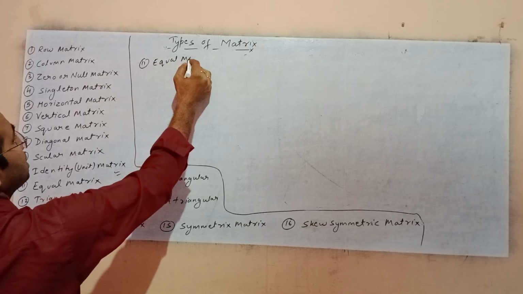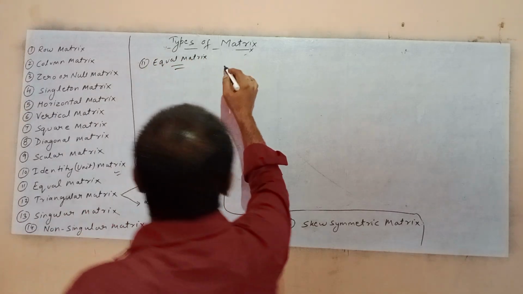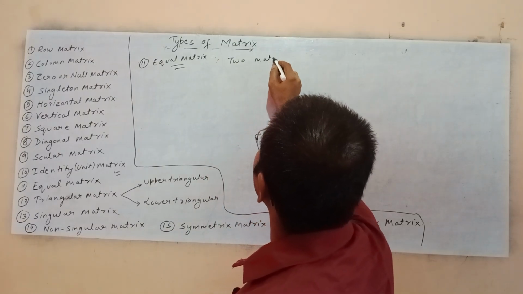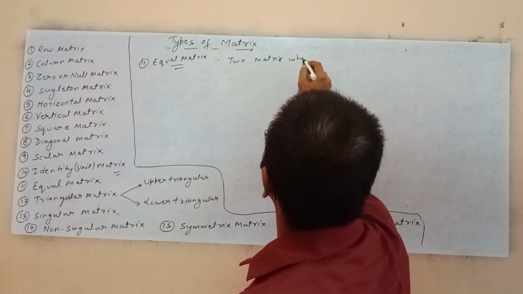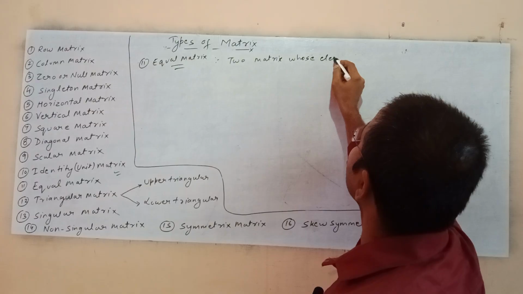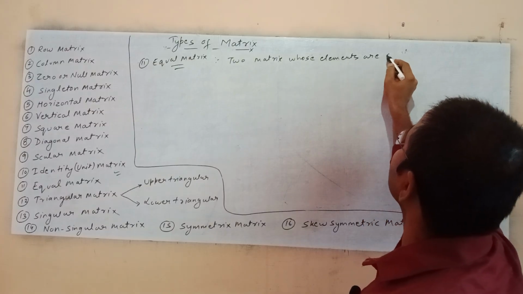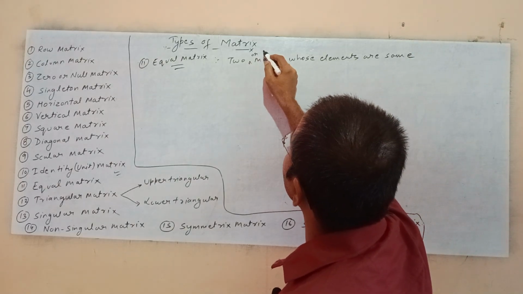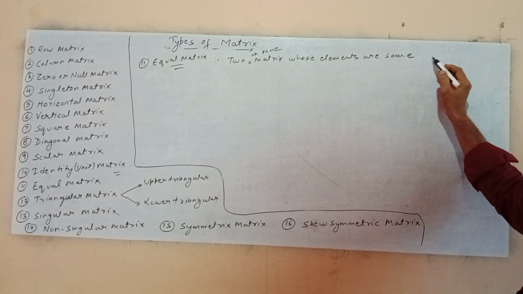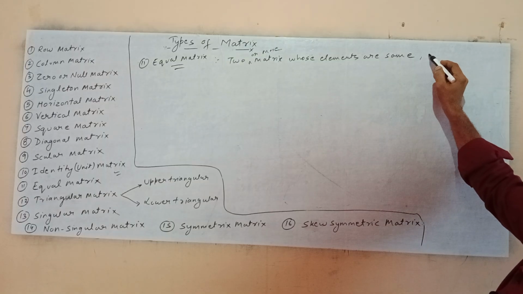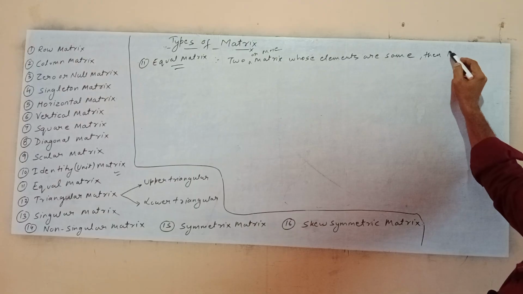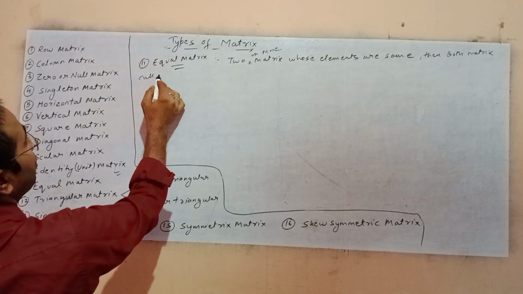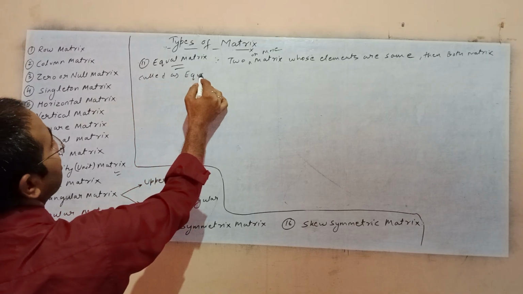The 11th one is the equal matrix. Equal matrix means two or more matrices whose elements are the same, then both matrices are called equal matrices.